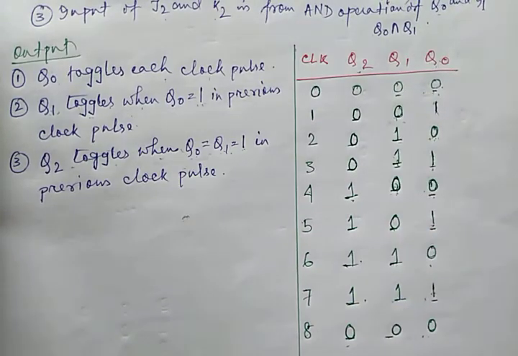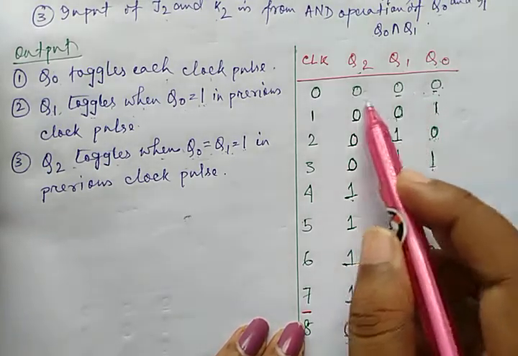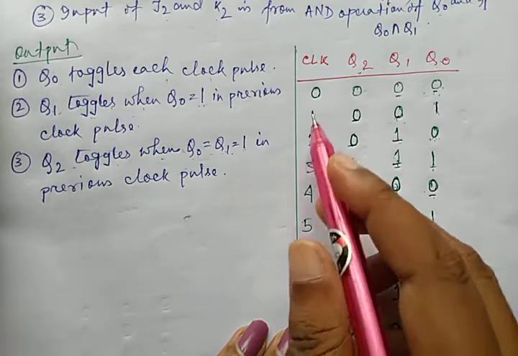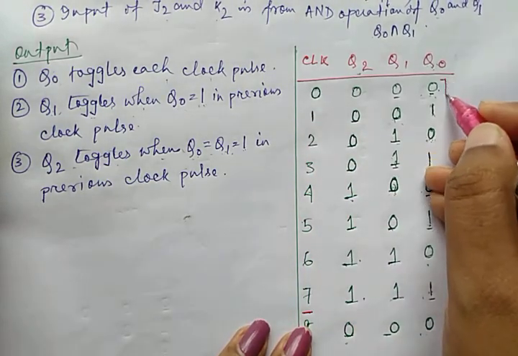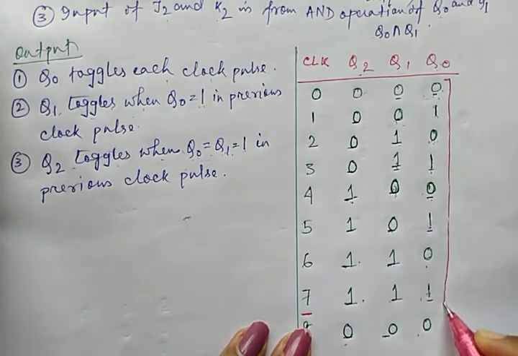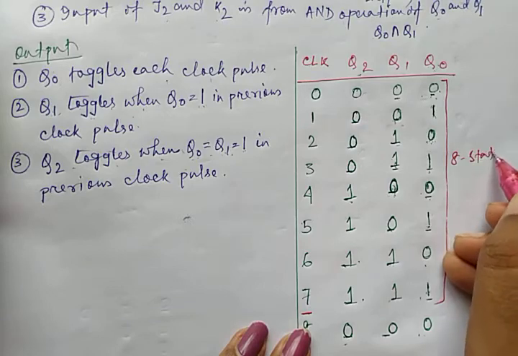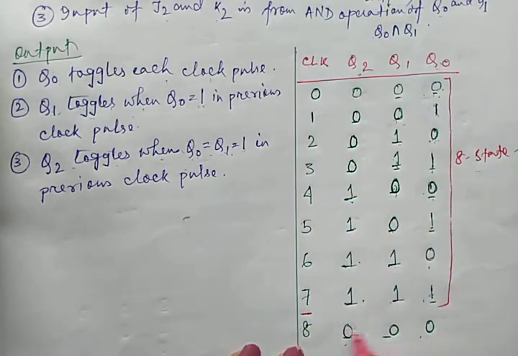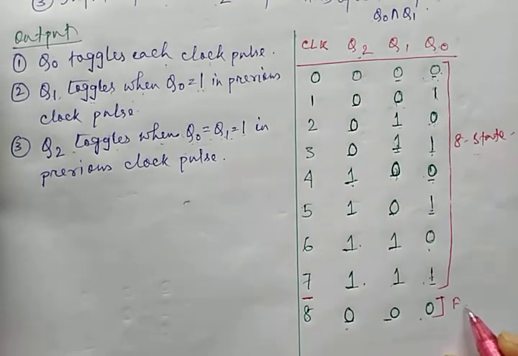Okay, so you can see that up to state 7, we get all the corresponding binary counting values of the binary numbers 0 to 7. That means 0 to 7 is our 8 states. Okay, and after the 8th state, it will again go back to its first state.